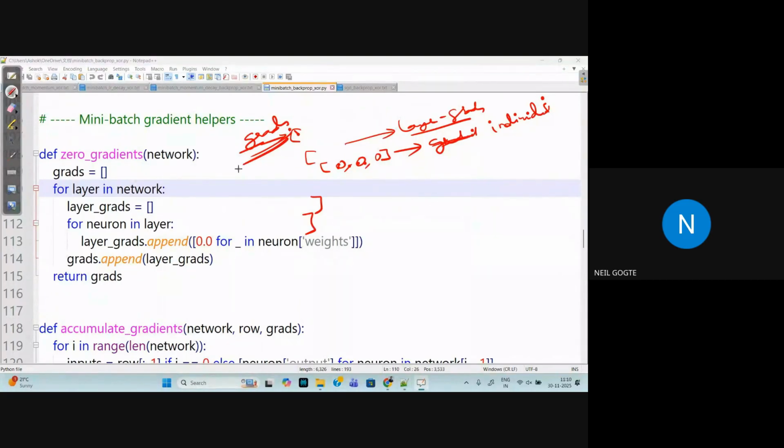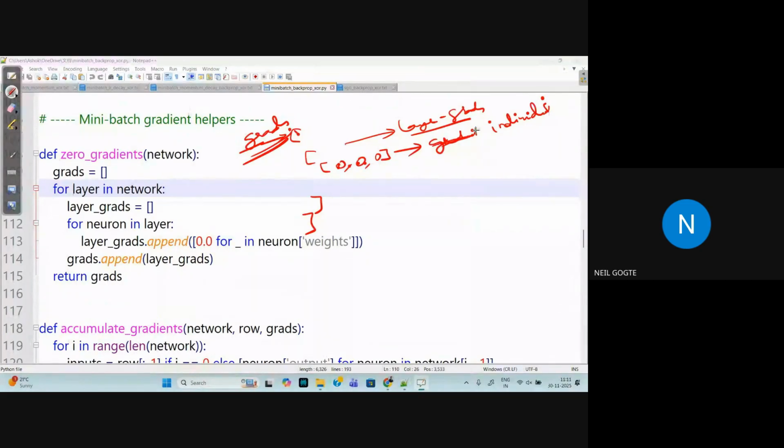Once again, the grads data structure, or the gradients data structure, is a list of layers, and each layer has a list of neurons. Each neuron is connected with many weights to its inputs. For each of the weights, it keeps a gradient, the weight connecting the inputs of that layer to this neuron.